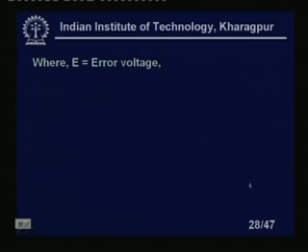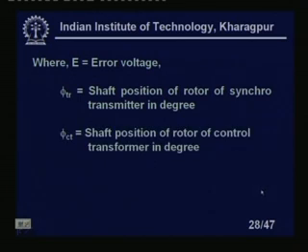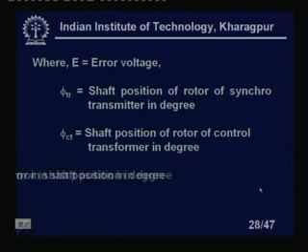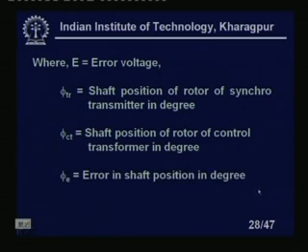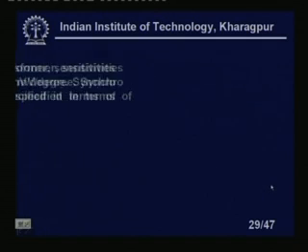Here E is the error voltage, phi TR is the shaft position of the rotor of the synchro transmitter in degrees, phi CT is the shaft position of the rotor of the control transformer in degrees, phi E is the error in the shaft position in degrees, and Ks is the sensitivity of the error detector in volts per degree.